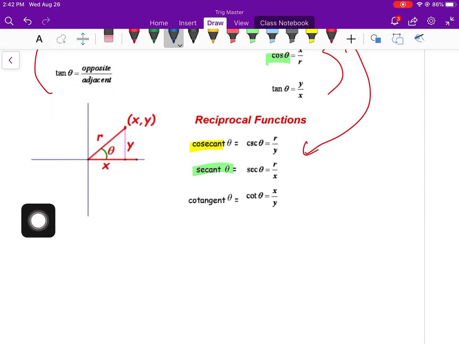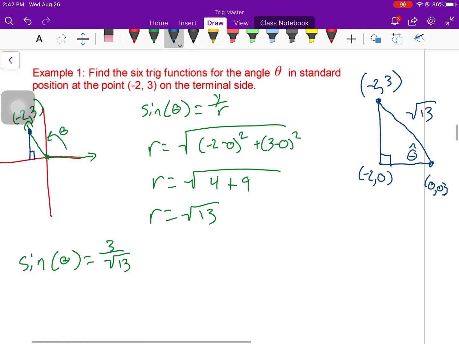Since things are circular, with a circular definition, there's going to be a lot of duplicates. The only difference is going to be signs, all right? So I'm pretending that I have this triangle in the first quadrant, so I'm referencing what this theta would be.